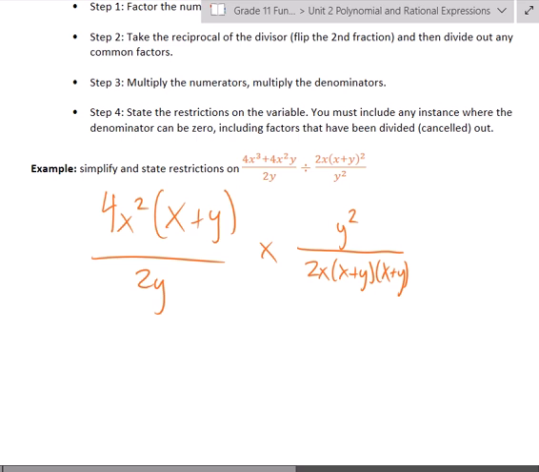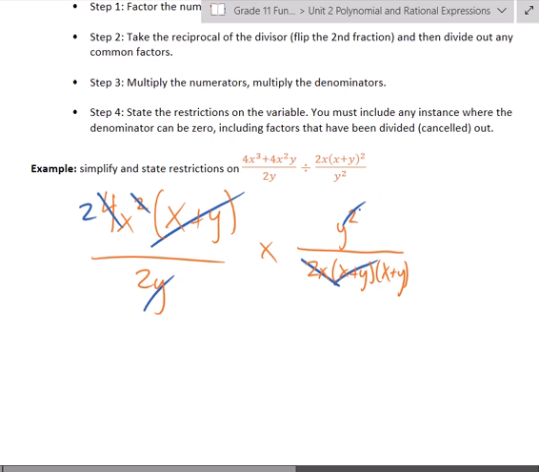We can also cancel vertically, but there's no shared terms on either fraction. By cross canceling, we can cancel out this y and one of these y's here. Remember, that's y times y, so we're just taking out one of them. And then we can cross cancel. We can take out a 2x from this 4x squared, so that'll take that down to 2. This exponent, taking out one of those x's, and we can also cancel out this x plus y with one of these x plus y's.